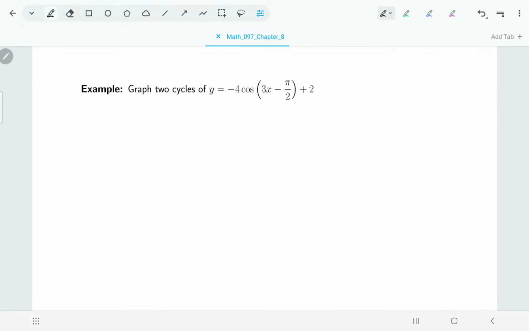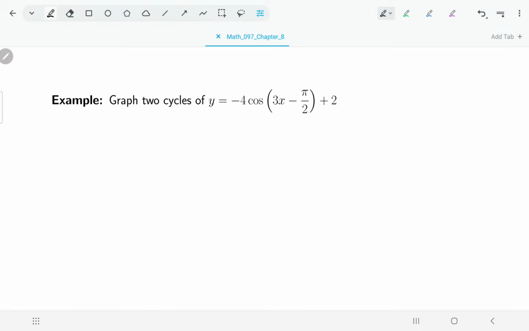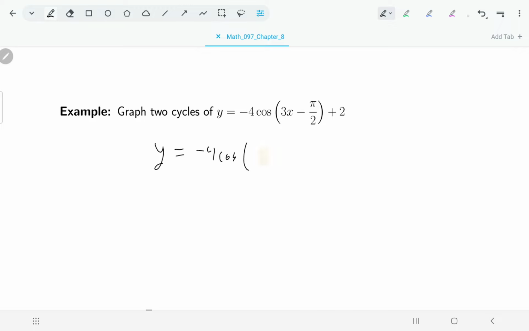If we're graphing 2 cycles of this cosine function, the first thing I'll want to do is just rewrite this so that the 3 has been factored out. And so again, reminder when I'm doing this, if I'm trying to figure out what's left over, I'm going to think in terms of pi over 2 divided by 3, which is pi over 2 times a third, which is pi over 6.